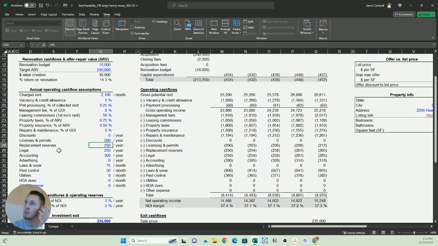Replacement reserves. So similar to depreciation, but the thing is that depreciation is a tax deduction. It's not cash out the door, but that is really an expense for the business. And so a lot of people don't include replacement reserves in their income statement. I like to include it in there as a phantom cash flow because eventually that will hit.